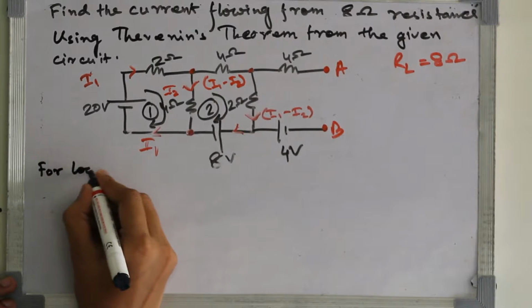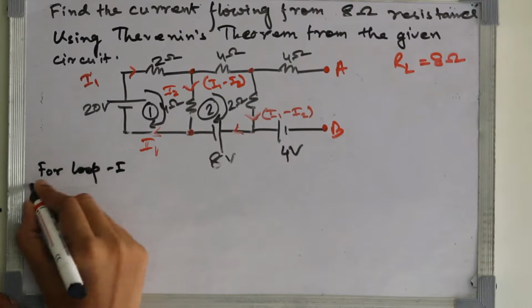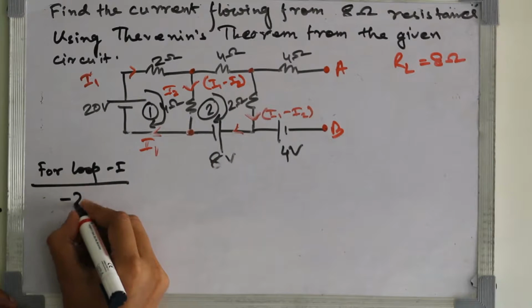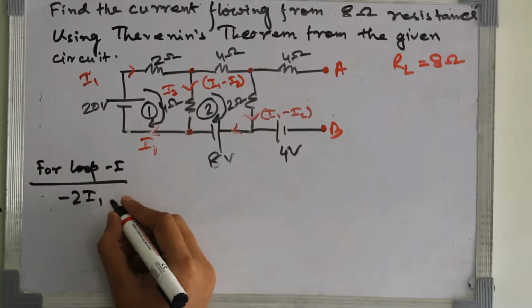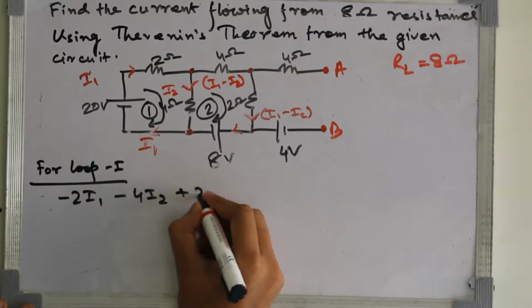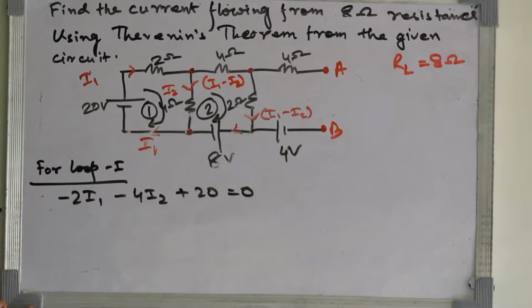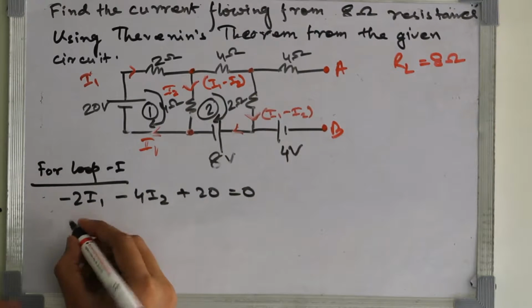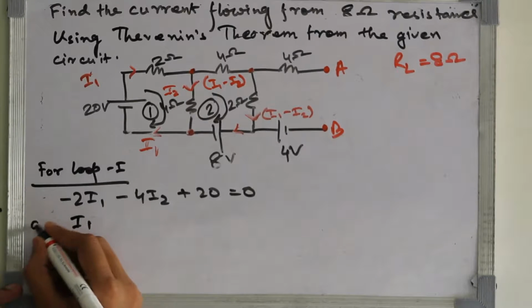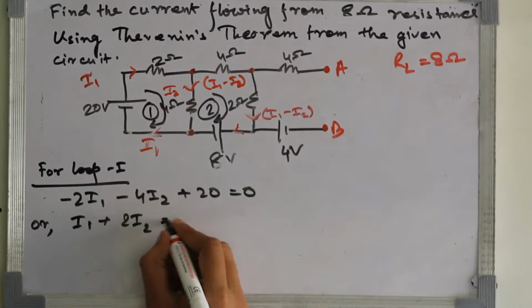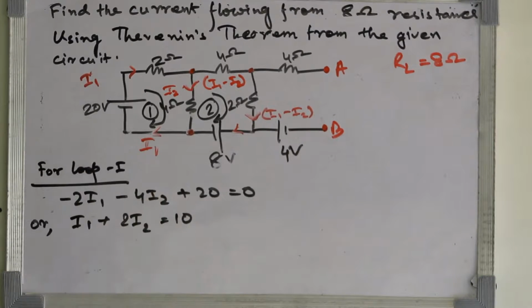For loop 1, this will be minus 2I1 minus 4I2 plus 20 equals to 0. Okay, and if we simplify this equation, we will get I1 plus 2I2 equals 10. This is our simplified form.